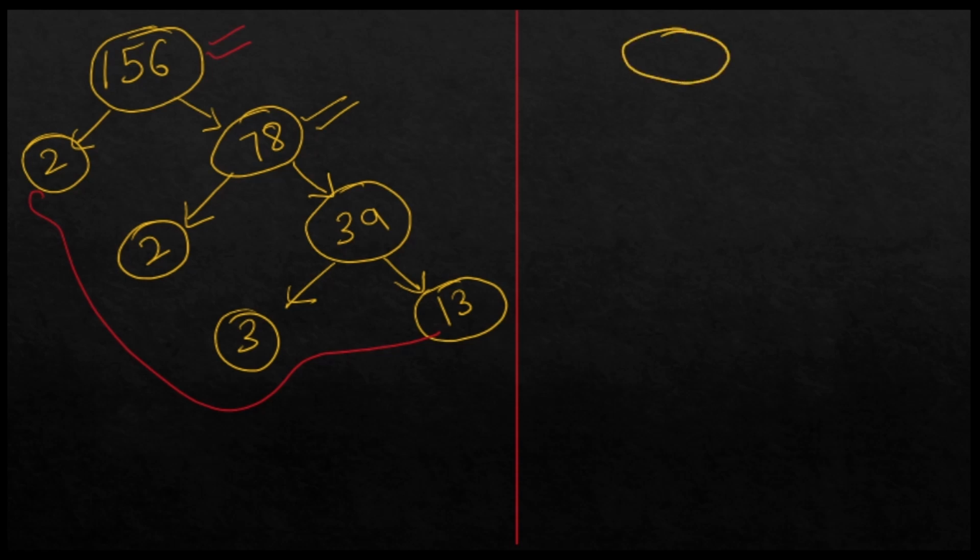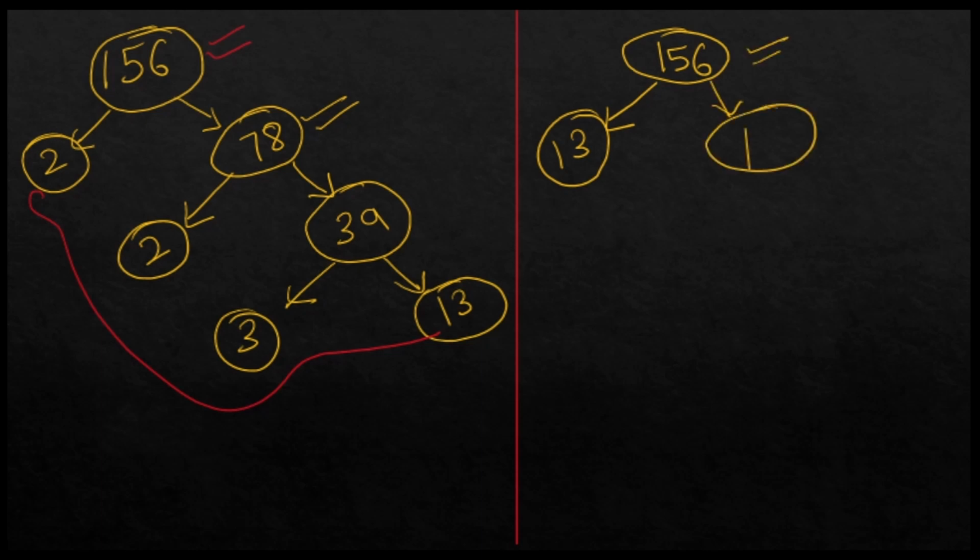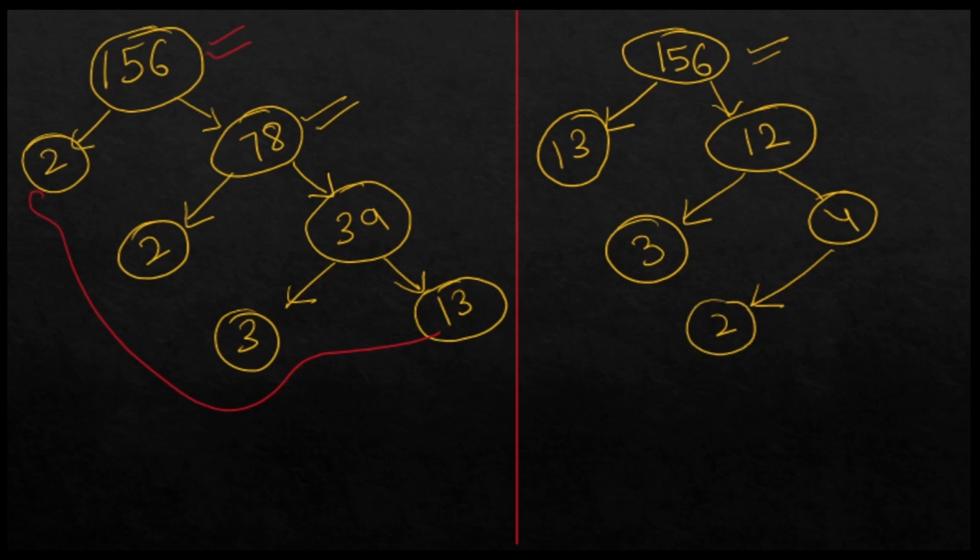Can I change the order of this factorization of 156? Suppose I divide this composite number by 13, I will get 12 as a result. Then again I will divide it by 3, so it results in 4, and further it can be divided to result in prime numbers. Whether this order or this order, the factors are the same, but the order changes.